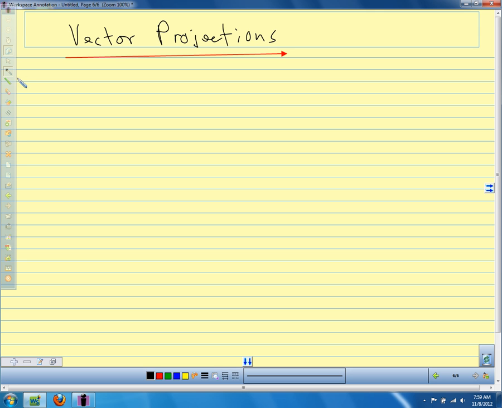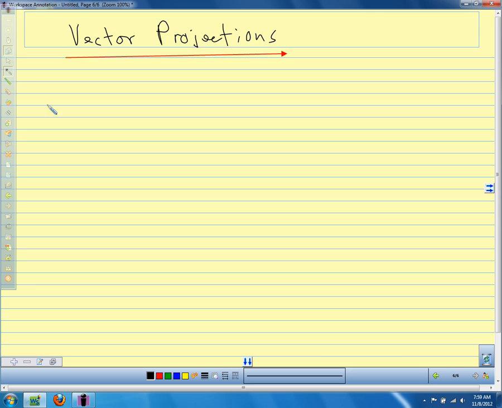Or if you're in physics, you're talking about inclined planes, you want the component of the force that's parallel to the plane, and you want the component of the force that is normal to the plane. So you're breaking down your vector force into different components in different directions. So that's one instance where we would want to find out the projection of one vector in a certain direction.